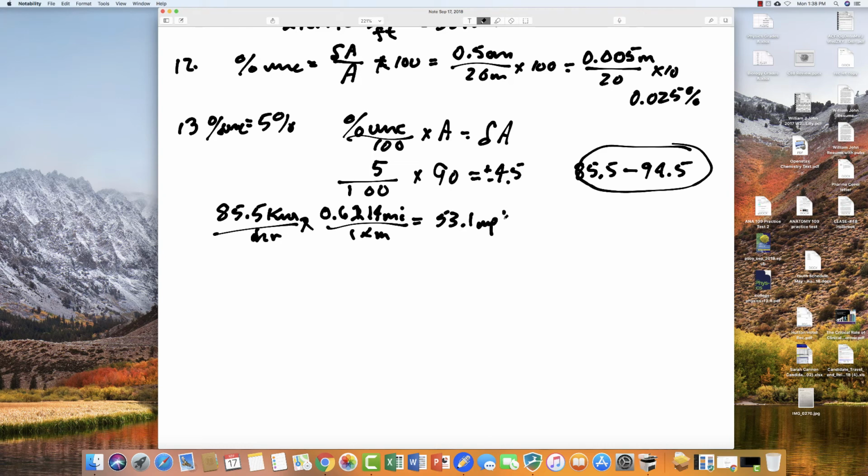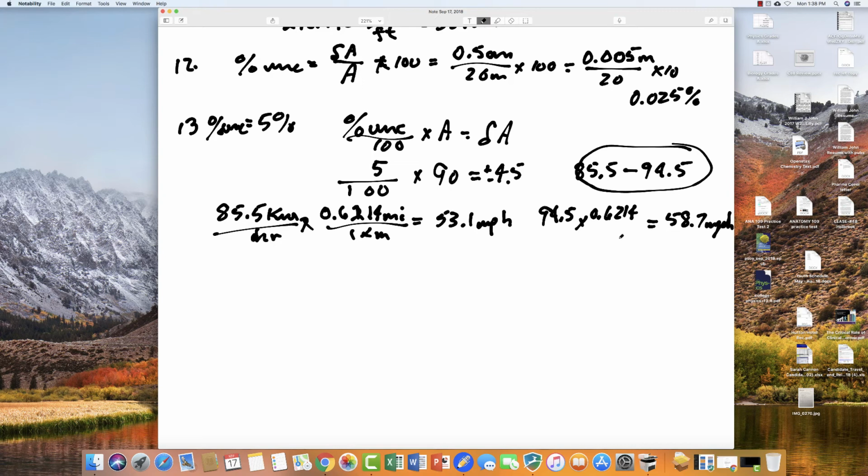And if we do the same thing with 94.5, so 94.5 times 0.6214, we're going to get 58.7 mph.